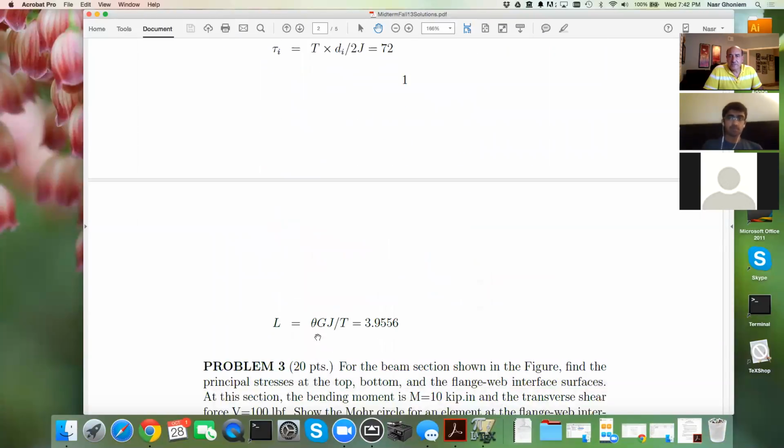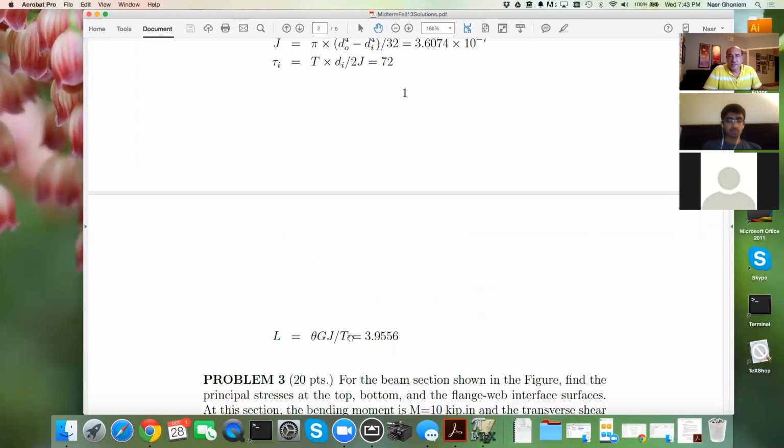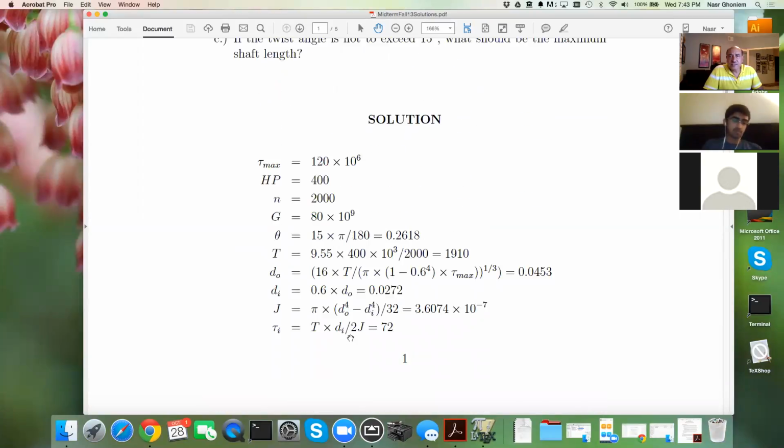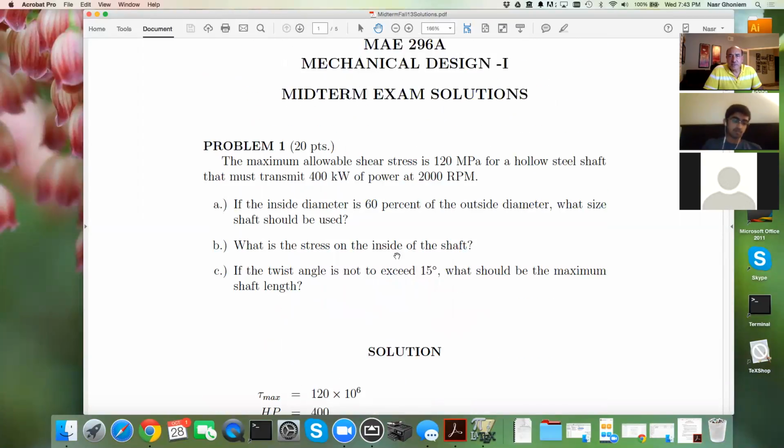For the length, we know that theta is equal to TL over GJ, so we can reverse this relationship. Once we get the torque, then we can get the length. To summarize this problem, the requirement is knowledge of the relationship between the torque, the horsepower and the RPM.